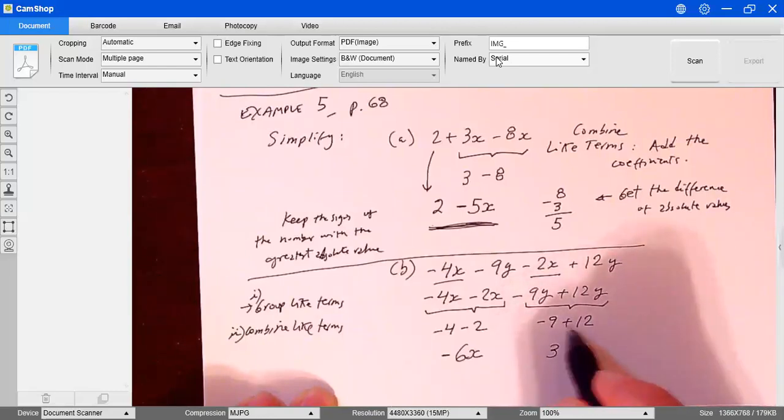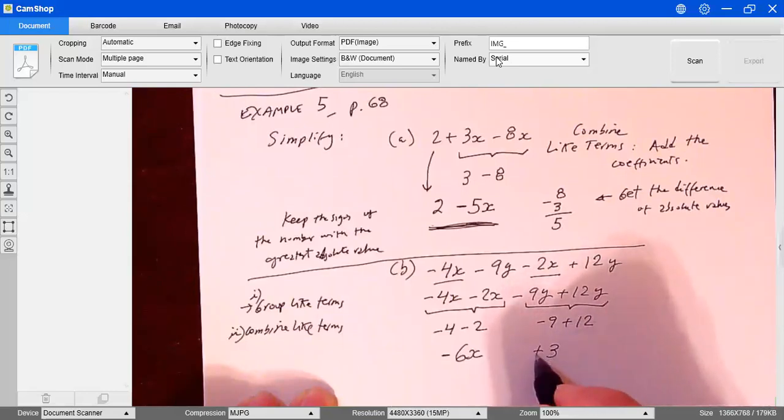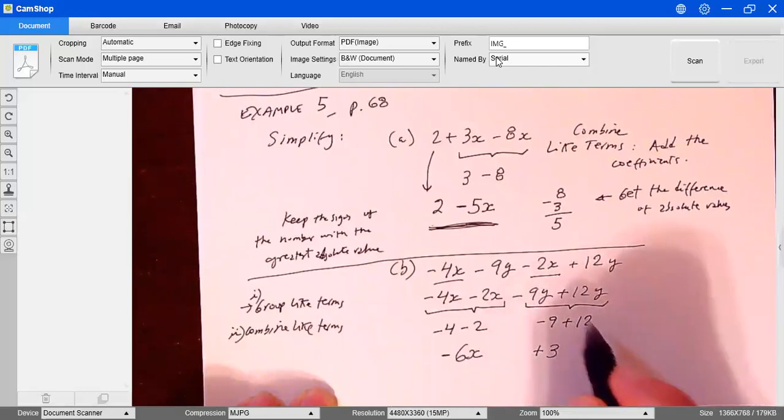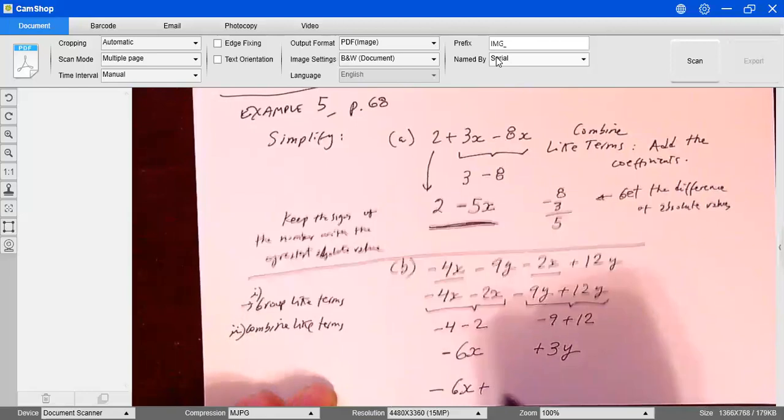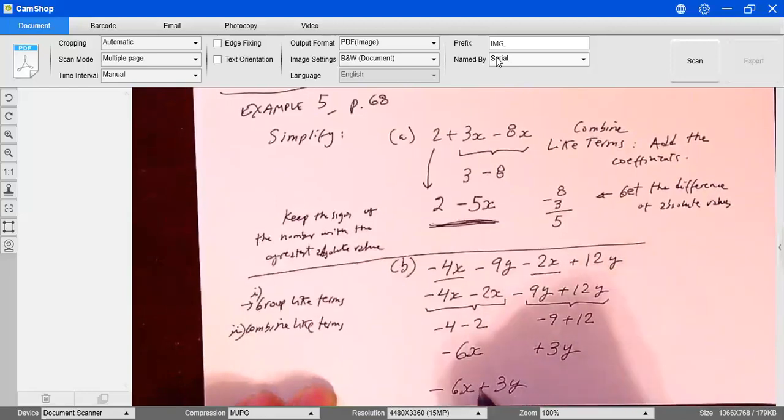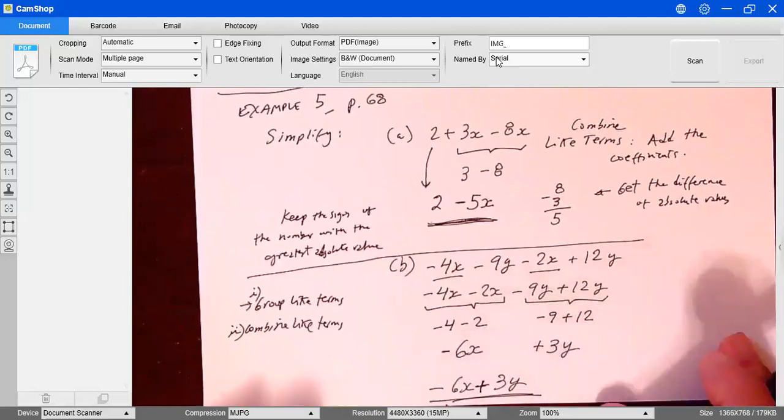And then you keep the sign of the number with the greatest absolute value. In this case, 12. 12 is positive, then the sign should be positive. Finally, the variable that we are working with is y. So the final answer is just -6x plus 3y. So that's the final answer for this exercise.